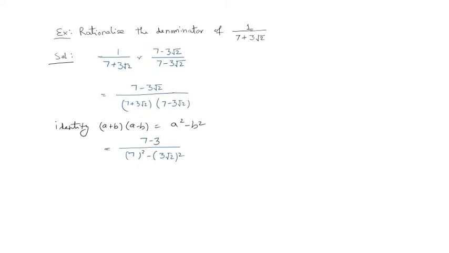We will get 7 minus 3 square root of 2 on 7 square, that is 49, minus 3 square root 2 square, 3 3s are 9, 18. So here you will get 7 minus 3 square root of 2 divided by 31. This is its simplest form.